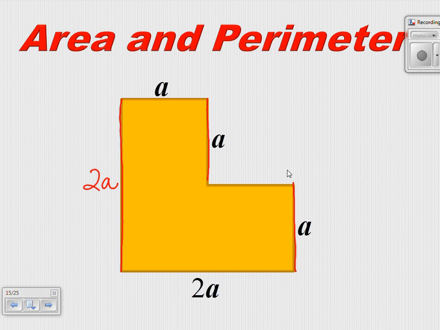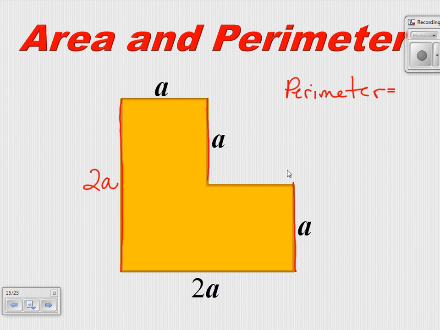So my question is, what's the perimeter for this shape? Well, remember, for perimeter, guys, what you would try to do is figure out the sum of all the sides. So far, I figured out what the left-hand side is equal to. Are there any other measurements that I could figure out?